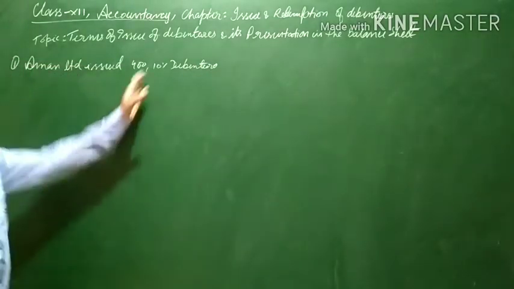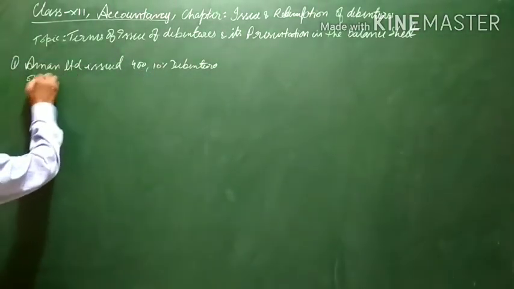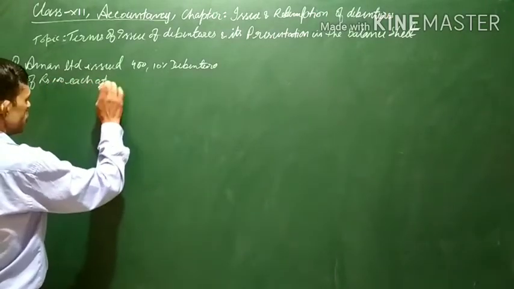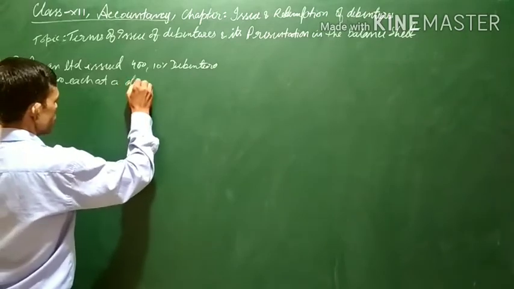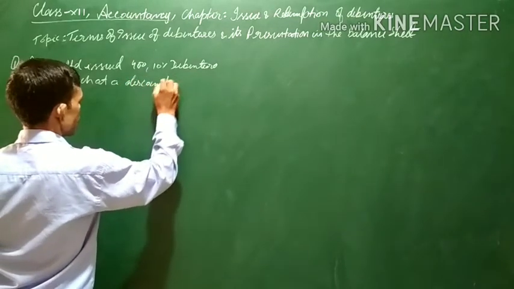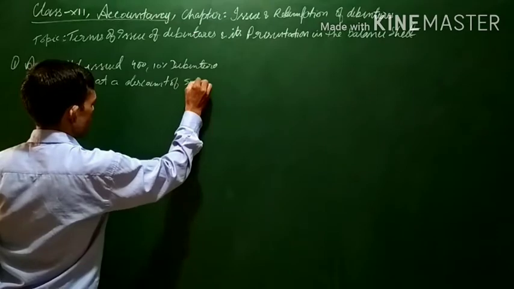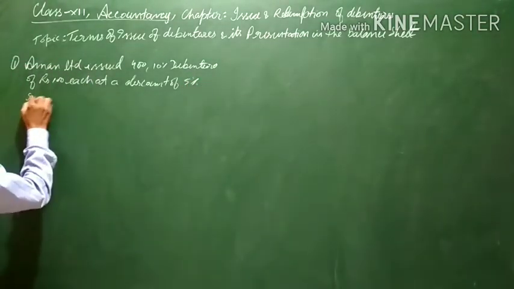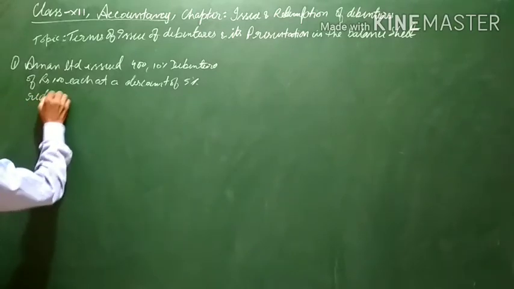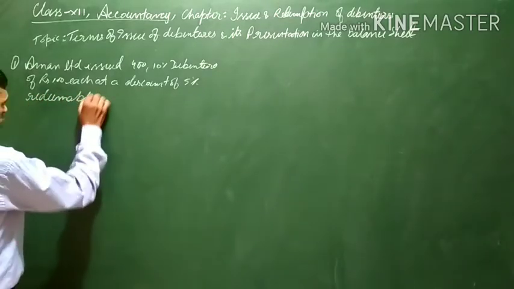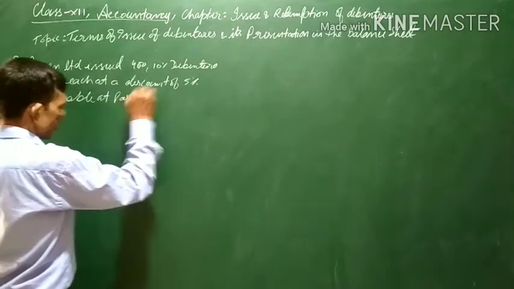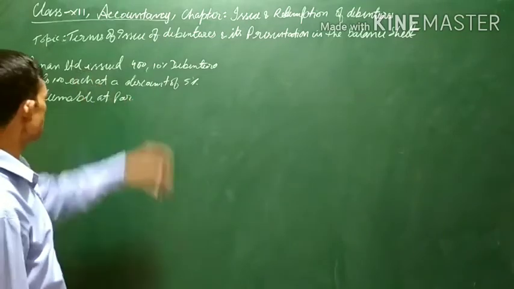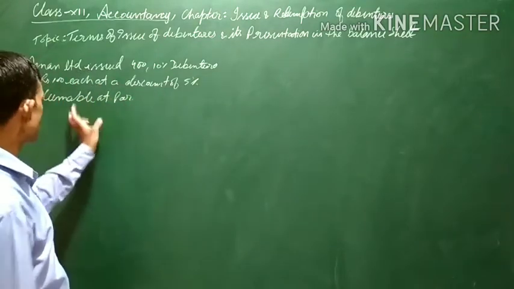Aman Limited issued 400 10% debentures of rupees 100 each at a discount of 5%, redeemable at par. Suppose this is the question. Aman Limited issued 400 10% debentures of 100 each at a discount of 5%, redeemable at par.